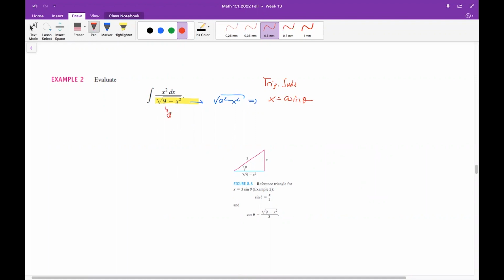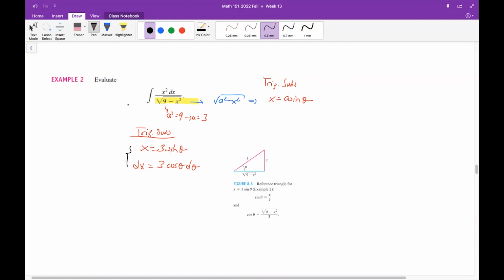So what is a here? A squared is 9, so a is 3. That's why the trigonometric substitution that will work here is x equals 3 times sine theta. Then what is dx? dx will be 3 times cosine theta d theta.